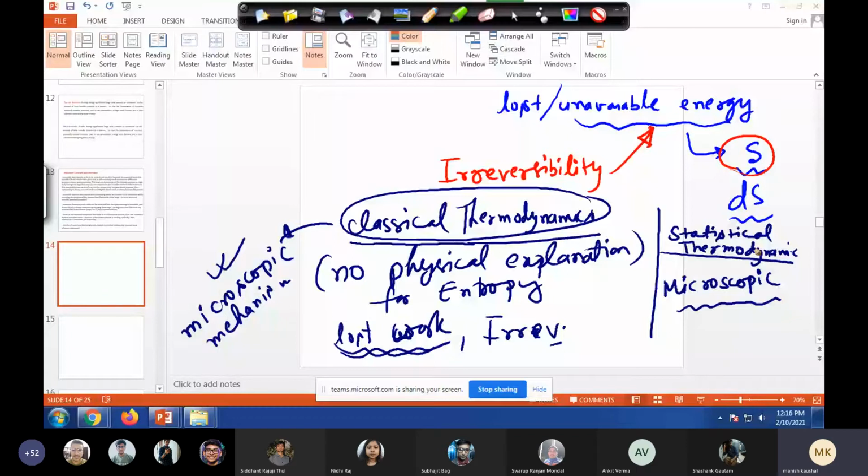Of course, this whole insight of statistical thermodynamics came later, after classical thermodynamics, just to explain the physical origin. Classical thermodynamics only talks about what we observe, and how we can explain it in terms of equations with macroscopic variables. But statistical thermodynamics gives us more insight about the phenomena. So with this small preface, let's move. Okay.